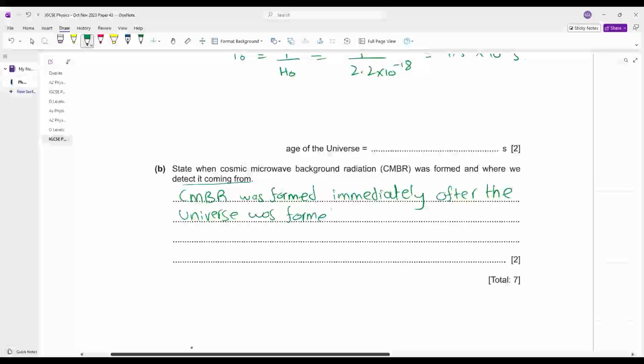And where can we detect CMBR? CMBR can be detected from all parts of space. Simple. I hope this entire paper was clear to you. If you guys have any questions, you can ask in the comments below. And that's it for today.